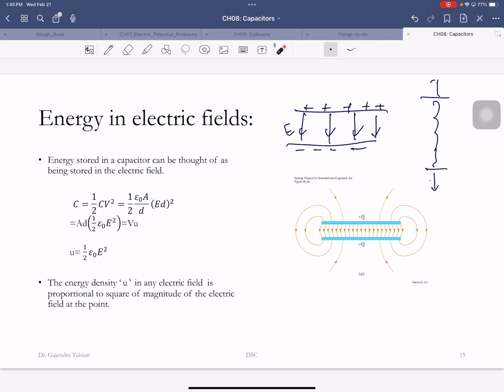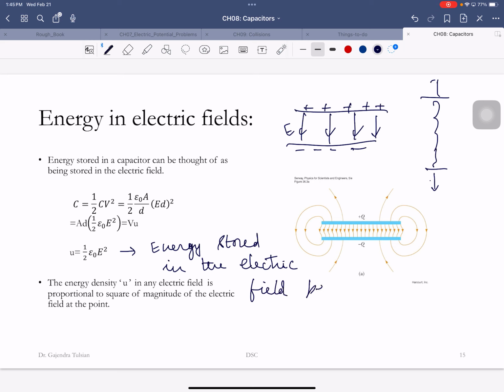And what this formula tells you, this goes through the derivation, is how much energy you have stored in the electric field per unit volume.